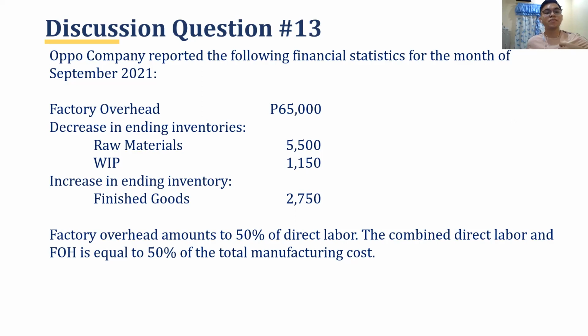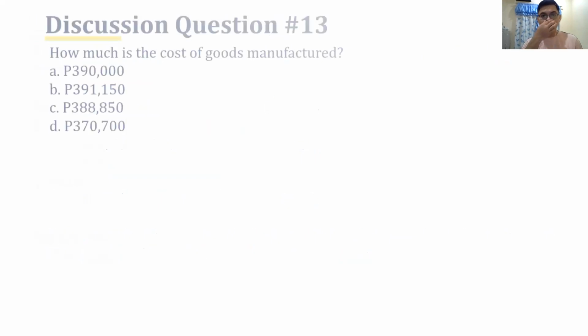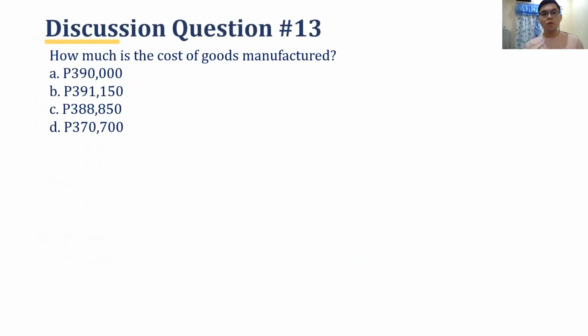So, andito na. Factory overhead amounts to 50% of direct labor, and the combined direct labor and factory overhead is 50% of the total manufacturing cost. So yung tanong, how much is the cost of goods manufactured?